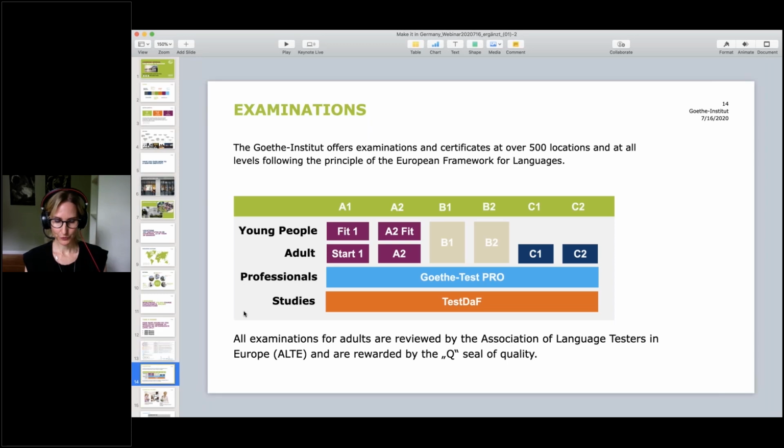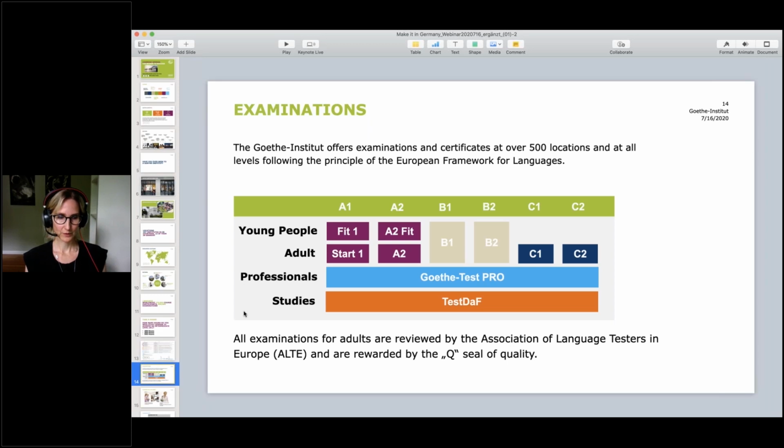I'm not sure if Jean-Marc already mentioned it, but if you want to study in Germany, we also offer the TestDaF, which is provided by the TestDaF Institute, but it can also be taken at the Goethe Institutes worldwide, and they obviously have a range of different points you have to achieve according to the degree you want to study.